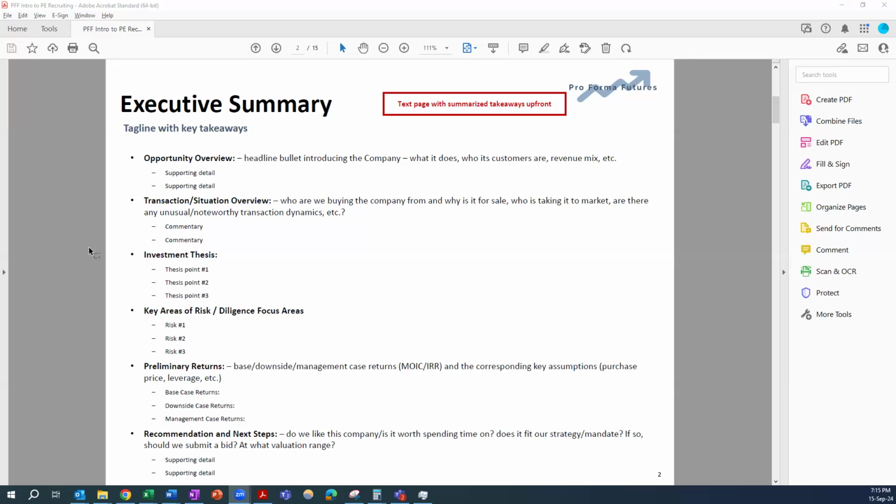Sometimes you might even get only 10 slides with key snips from a sim. And so especially with this level of data availability, it's not expected that you're honing in on a very specific suggested purchase price, valuation number, or deal structure.